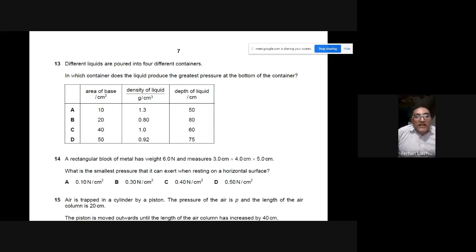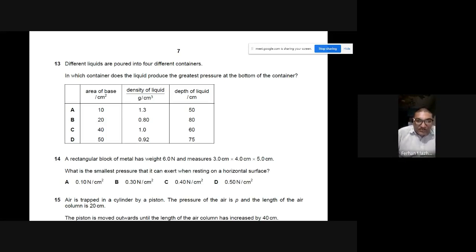The pressure of a liquid can be found by the formula pressure is equal to rho g h. Rho stands for the density, g is the gravitational field strength, and h is the vertical depth of the liquid above the point at which you are trying to find the pressure.